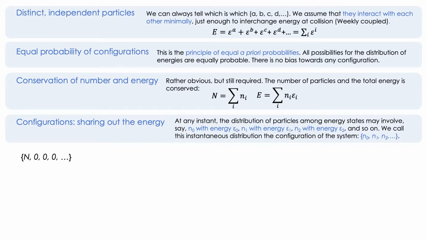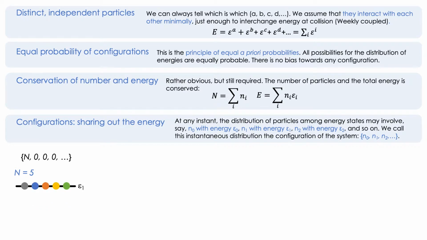So this is, for instance, a configuration in which all our N molecules are in state 0 with energy E0. Therefore, if we have our energy level with, for instance, 5 molecules that here I show in different colors, there is always one possible distribution, all of them in this energy level.